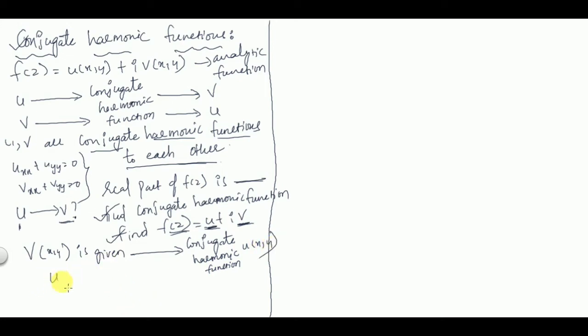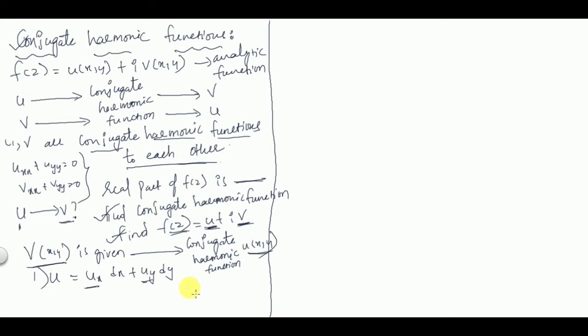Then the procedure is, you have to write du is equal to ux dx plus uy dy. This is the first step you have to write. But you can't find ux and uy directly because you are given only v of x comma y, and u of x comma y you have to find. It is not given, so this is not possible directly.